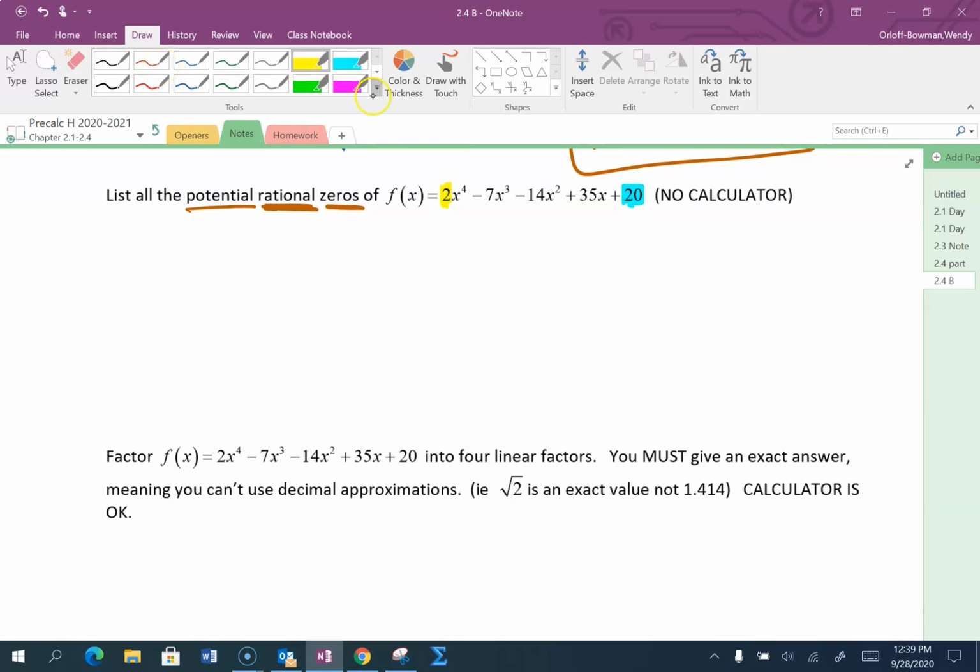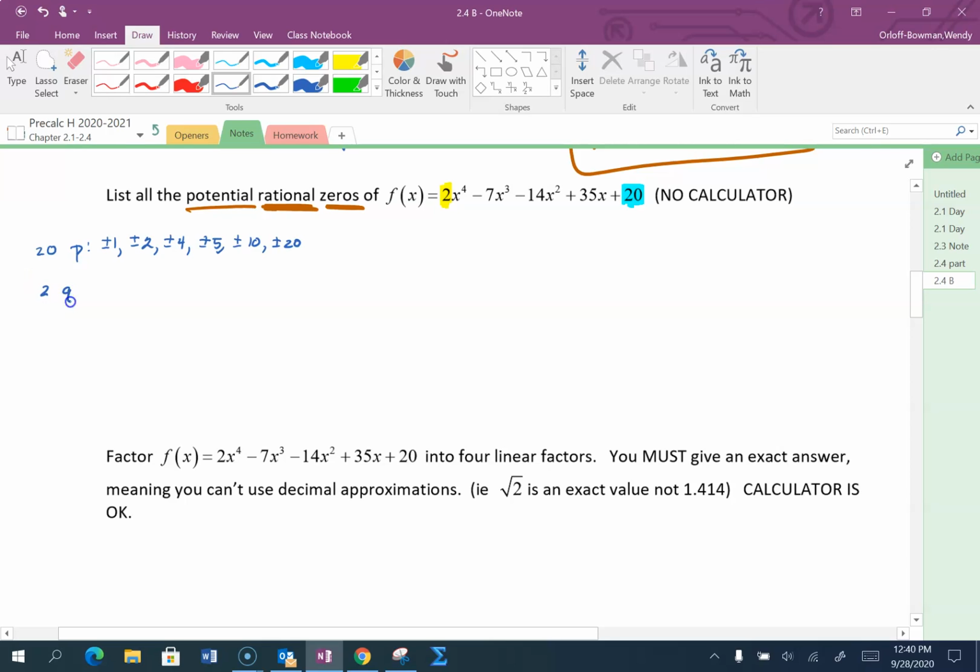So I'm going to make the p, which are factors of 20, is what I'm thinking about. I know 1 goes into 20 evenly, so does -1, right? If we have -1 times -20, plus or minus 2, plus or minus 4, plus or minus 5, plus or minus 10, and plus or minus 20.